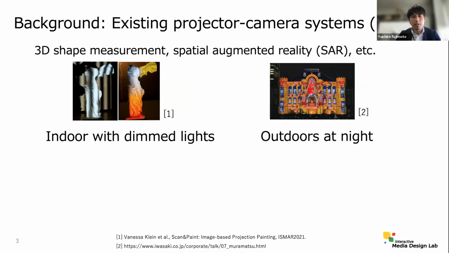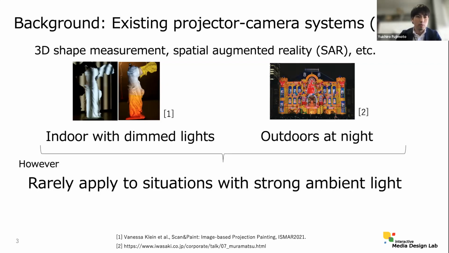Projector-camera systems, also known as ProCams, are widely used for 3D shape measurement and spatial augmented reality. However, conventional ProCams are mostly used indoors with low lighting or outdoors at night, and are rarely applied in situations with strong ambient light. Of course, one reason is that light can be observed more clearly in a dark environment than in a bright one.